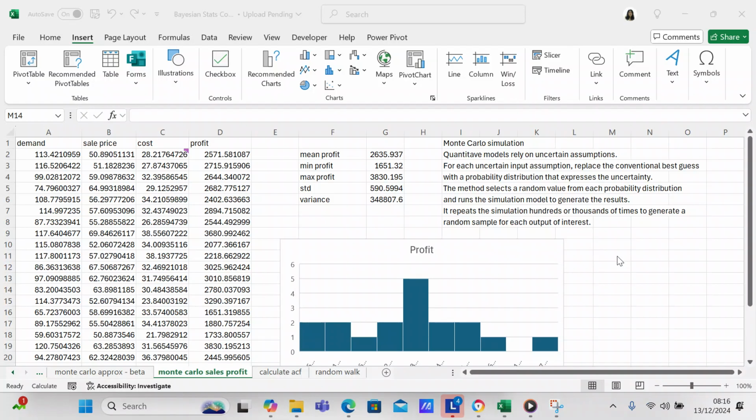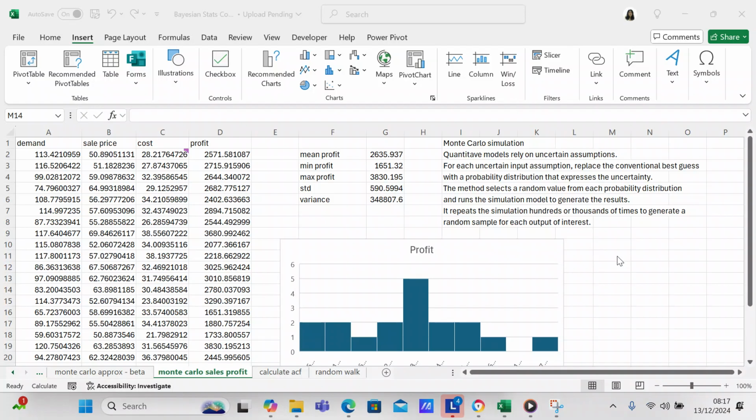So I've just got a little bit of information on the Monte Carlo simulation on the spreadsheet. It says quantitative models rely on uncertain assumptions. For each uncertain input assumption, replace the conventional best guess with a probability distribution that expresses the uncertainty.